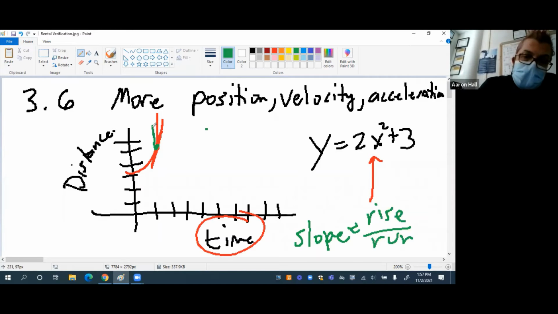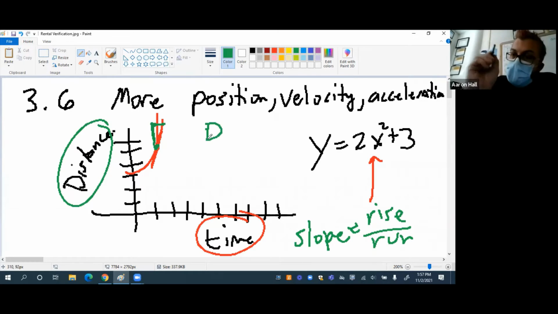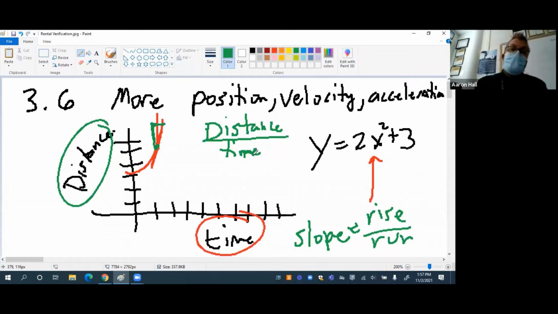My rise is distance. My run is time. What kind of units are we talking about when we talk about distance over time? That is velocity. Distance over time would be miles per hour, or meters per second would be another type of velocity.